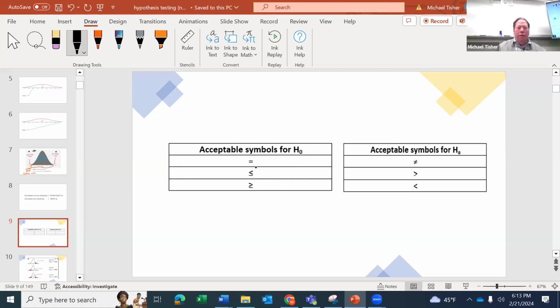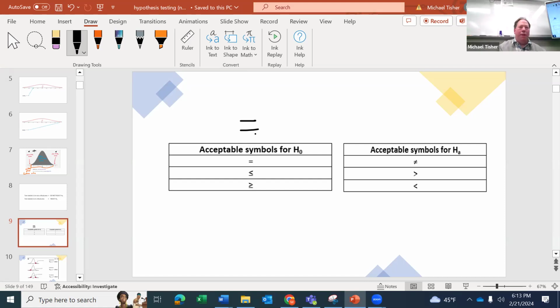Okay, now H0, you can have an equal sign, a less than or equal to, or greater than or equal to. But in this class, ladies and gentlemen, H0 will always be equal, always equal, no matter what. When I first started teaching this stuff, I saw these symbols, equal, less than or equal to, greater than or equal to in the H0.